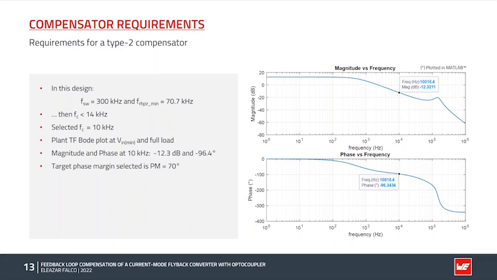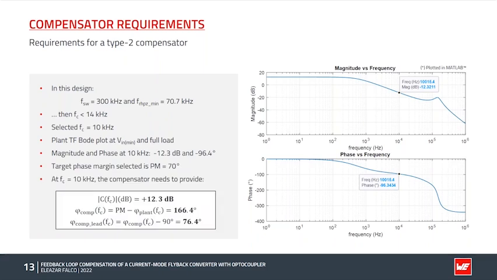If we select a target phase margin of 70 degrees, then the compensator will need to provide 12.3 dB gain and have a phase of minus 166.4 degrees, providing a phase lead of 76.4 degrees. We will see in the next slide what the difference is between these two terms.